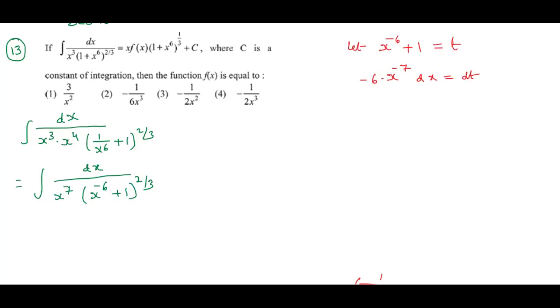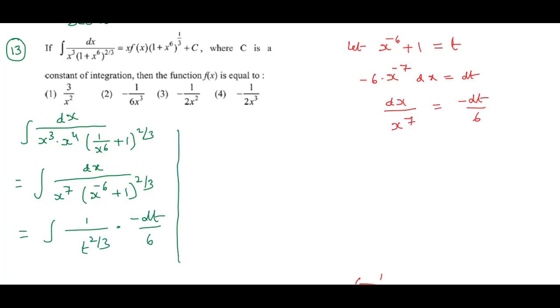Now here dx divided by x power 7 is equal to minus dt by 6. So substitute here integration 1 by t power 2 by 3 into minus dt by 6.